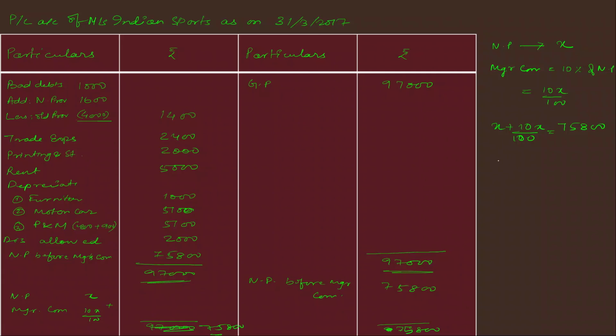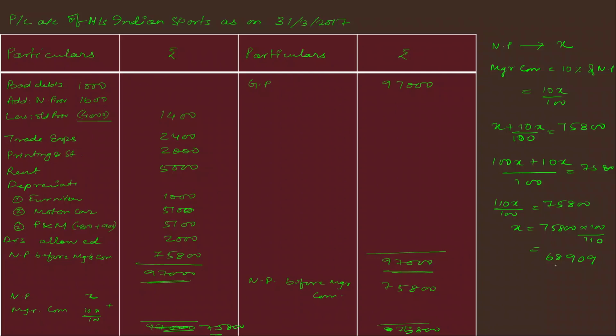This is X. Okay. So 100x plus 10x by 100 is equal to 75,800, or 110x by 100 is equal to 75,800, or x is equal to 75,800 into 100 by 110. So you will get it as 68,909 point something.